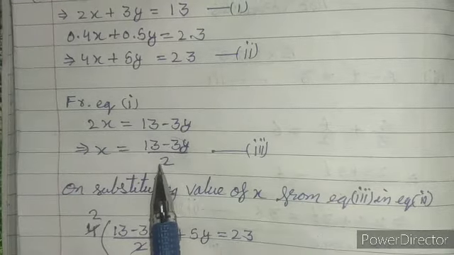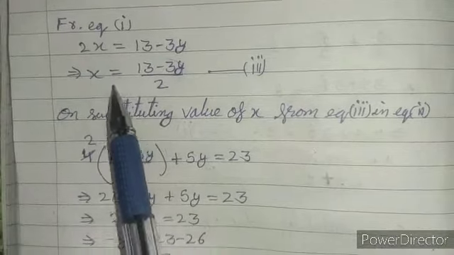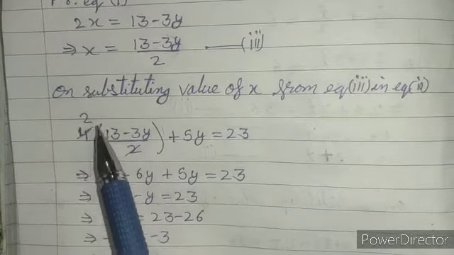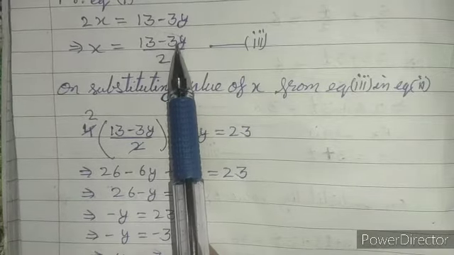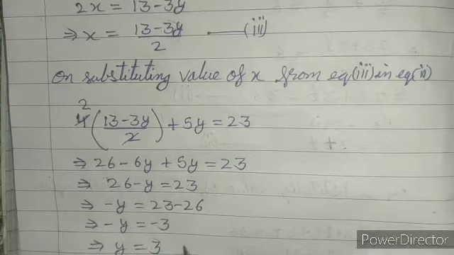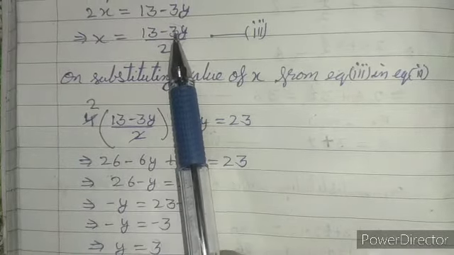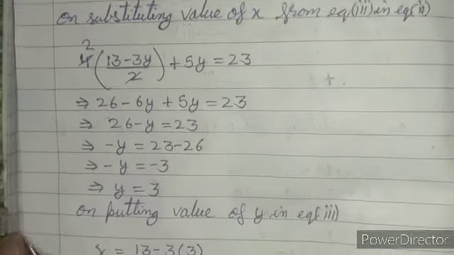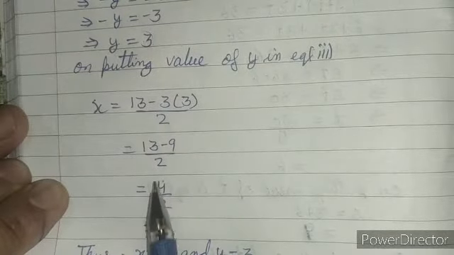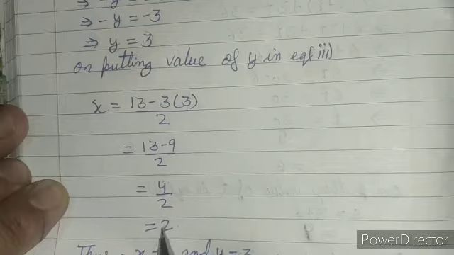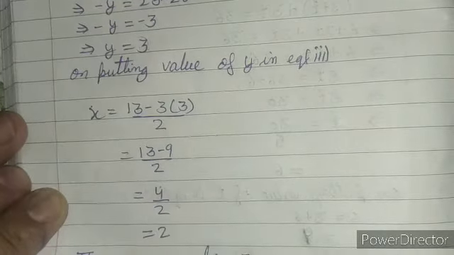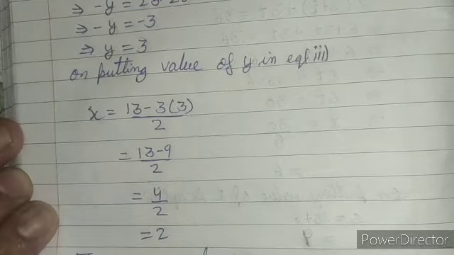On substituting the value of y in equation third, we will get x equal to 13 minus 3 into 3 upon 2, with y taken as 3, and that gives x as 2. That means the value of x is 2 and the value of y is 3 in this pair of linear equations.